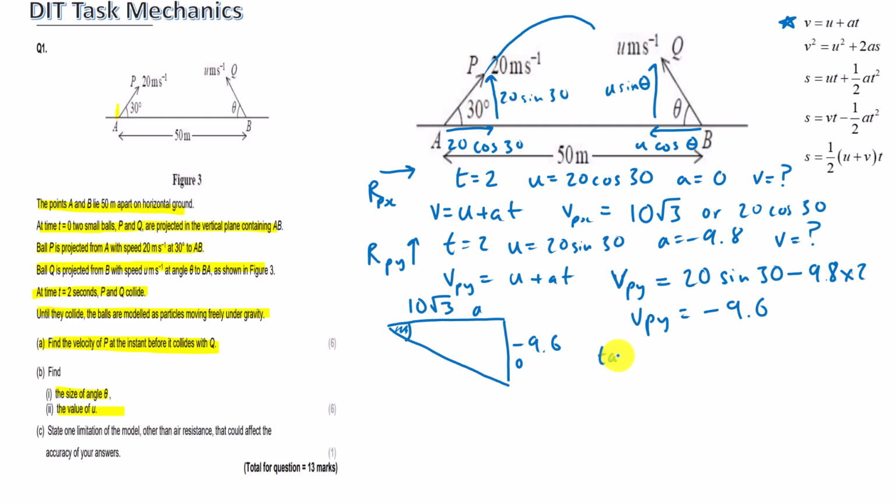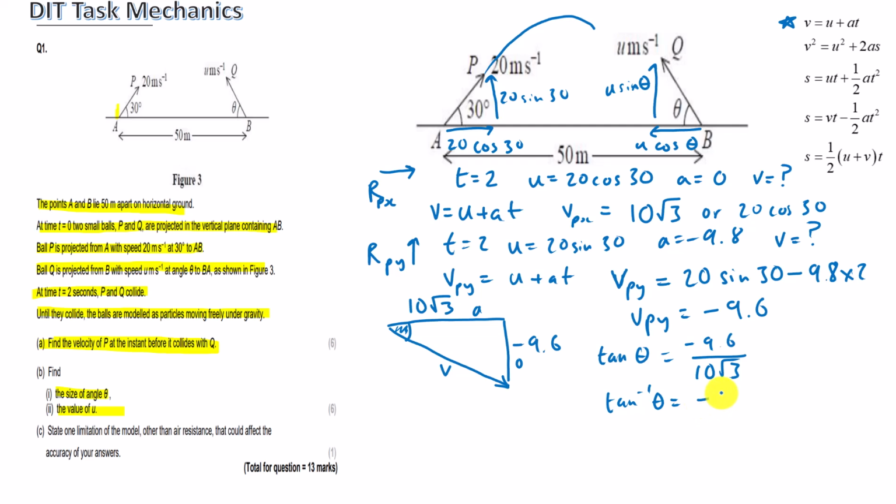So we know tan theta equals minus 9.6 over 10 root 3. Now this is in the mark scheme. It doesn't ask for the angle to the horizontal, but in the answer scheme it is, so that's why I'm including this, because technically if you want this velocity here, you can see we use Pythagoras theorem, but I'm going to show you everything to get your 6 out of 6 marks.